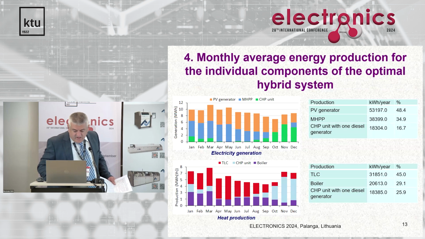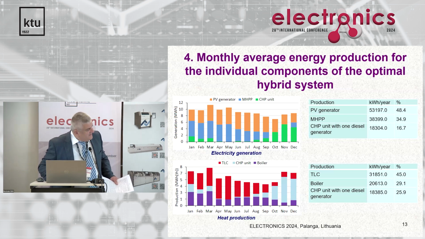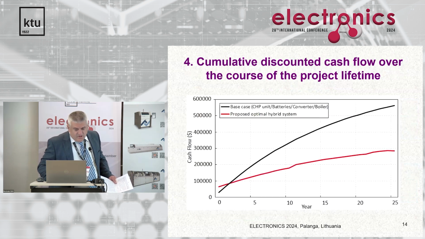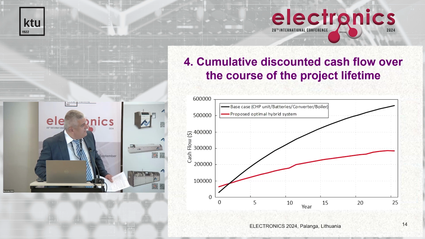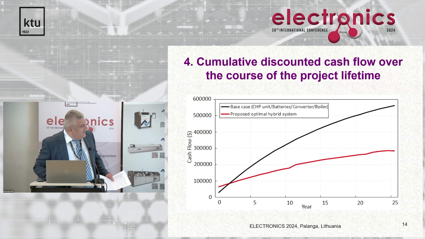For example, here we have electricity generation and heat production shown in these bar diagrams on the left side of this slide, and some technical performances shown in the tables on the right side of the slide. Now, cumulative discounted cash flow over the course of the project lifetime is shown in this diagram, and you can see two curves.